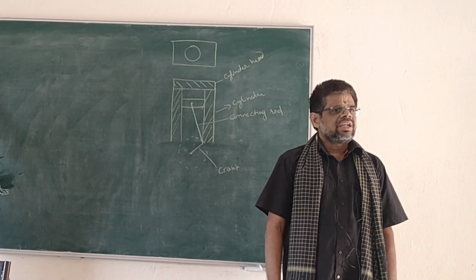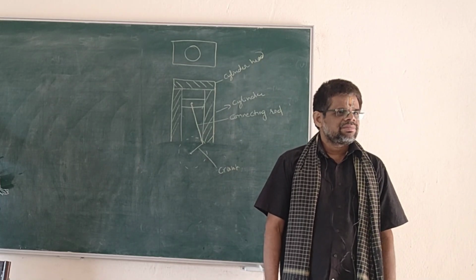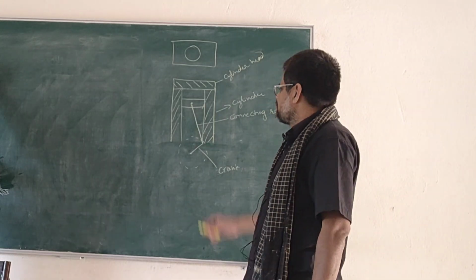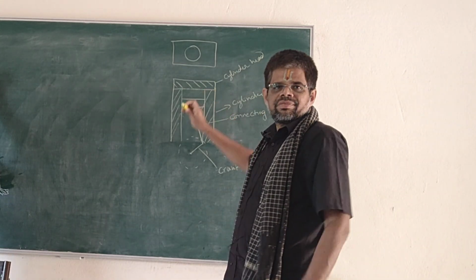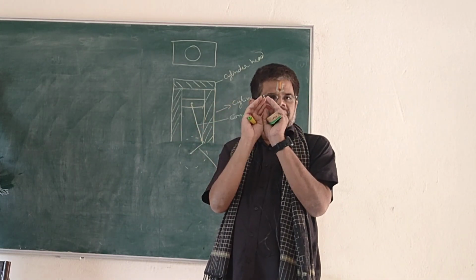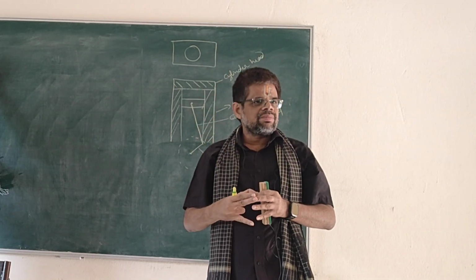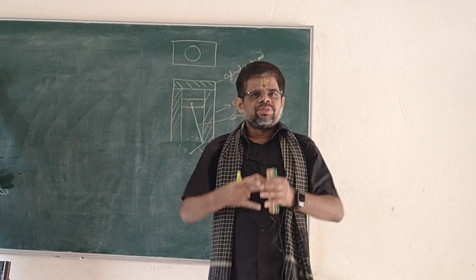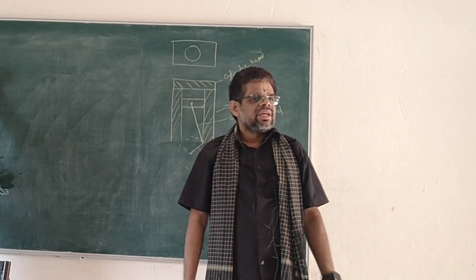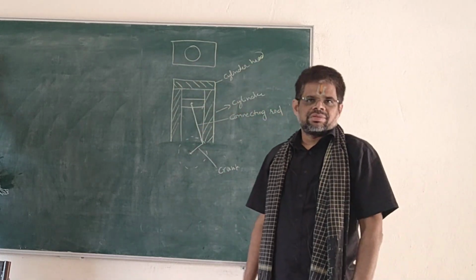So this is an internal combustion engine. If you observe, this is the piston. It is a cylindrical piston which reciprocates from top to bottom, bottom to top. This motion is called reciprocating motion.